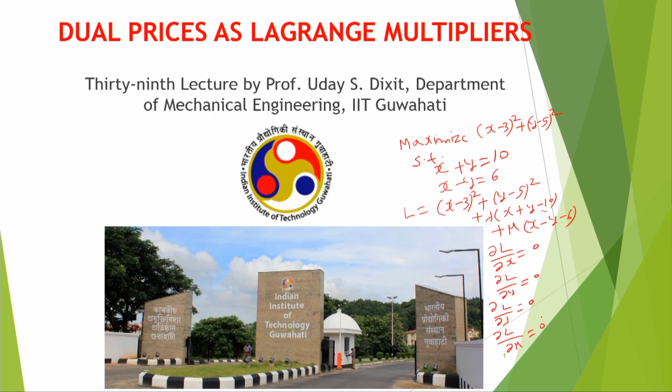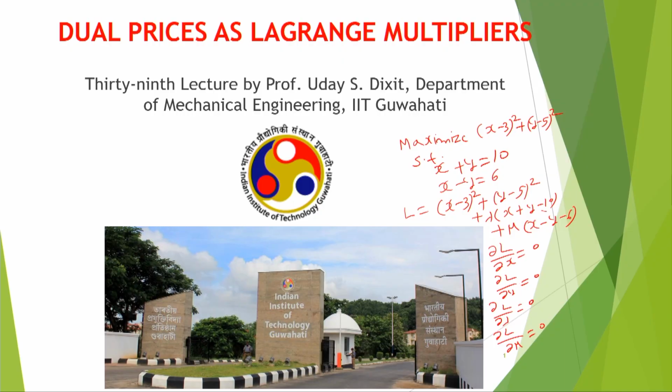By solving these, you can get the values of not only x and y, but also of lambda and mu, which are called Lagrange multipliers. This topic is explained in calculus books also, but here I am not giving the derivation, I am just telling the procedure of how you can find the Lagrange multipliers.